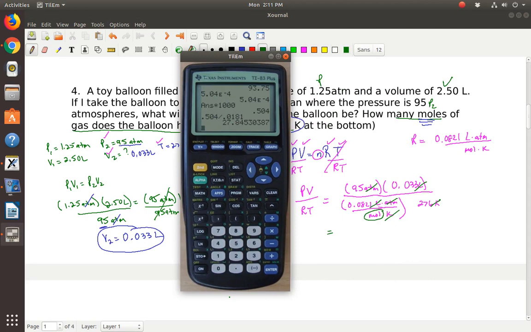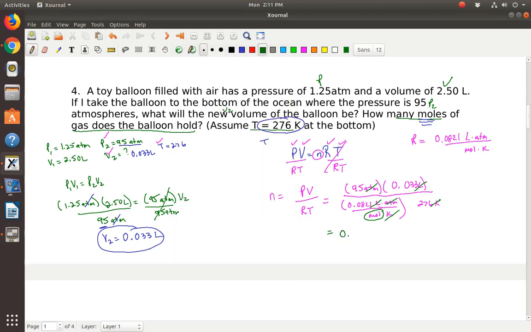It is 95 times 0.033, and we're going to divide by 0.0821, and I'm going to divide again by 276, and I get 0.138. And then sig figs, there are only 2 sig figs in this number, so I have to have 2 here: 0.14 moles. That's the number of moles they asked for.